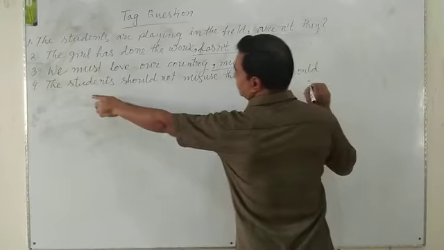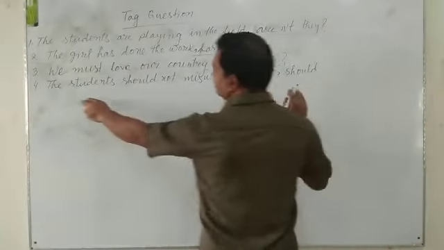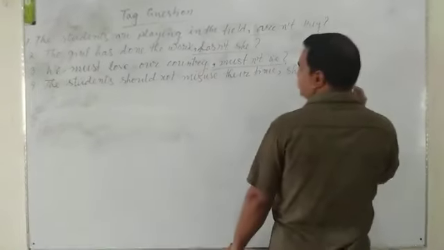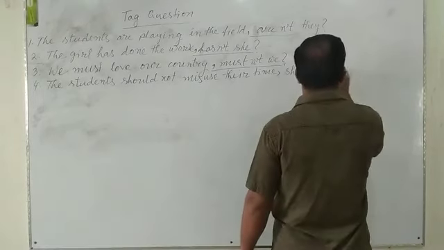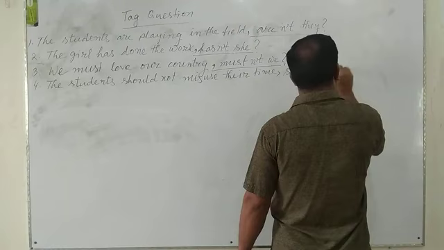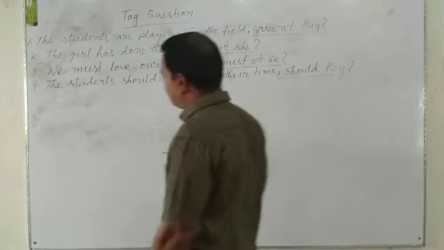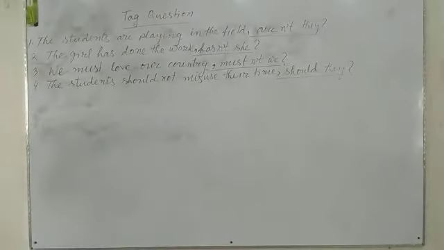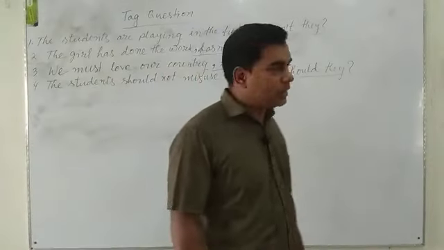Should. So we will only use, after the operator, the pronoun of the subject. The students, noun. What is its pronoun? They. And then the interrogation mark. It is also a tag question. My dear student, I guess you have understood me clearly.